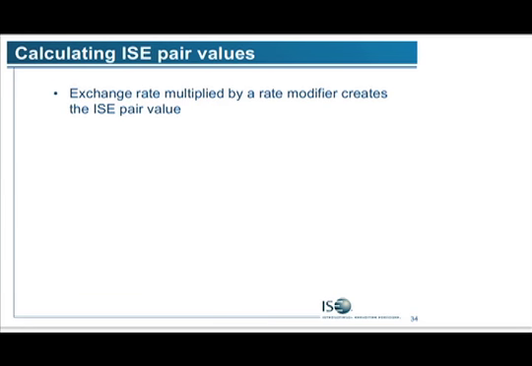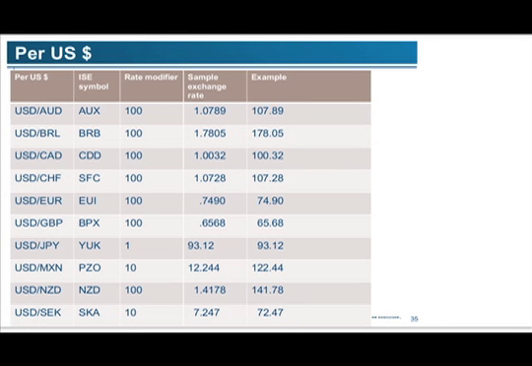Calculating the ISE pair values, we use a rate modifier. Most of these, that exchange rate is multiplied by 100. Then we have one that we don't modify. I'm going to put a little yellow, which means we don't do anything here. The yen, it is what it is.